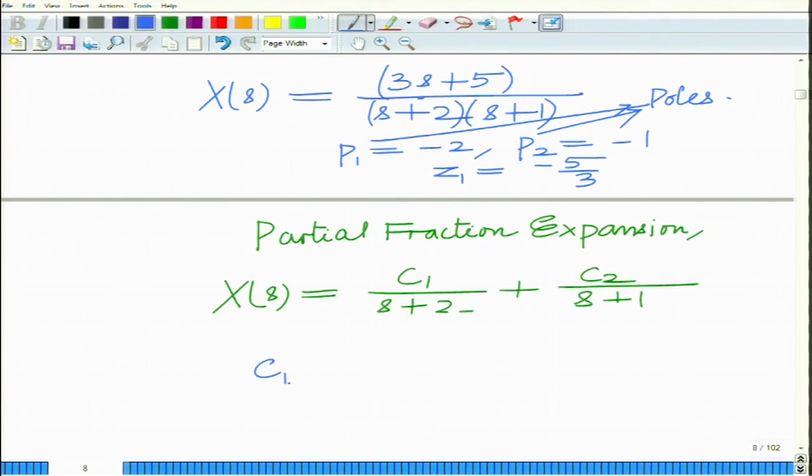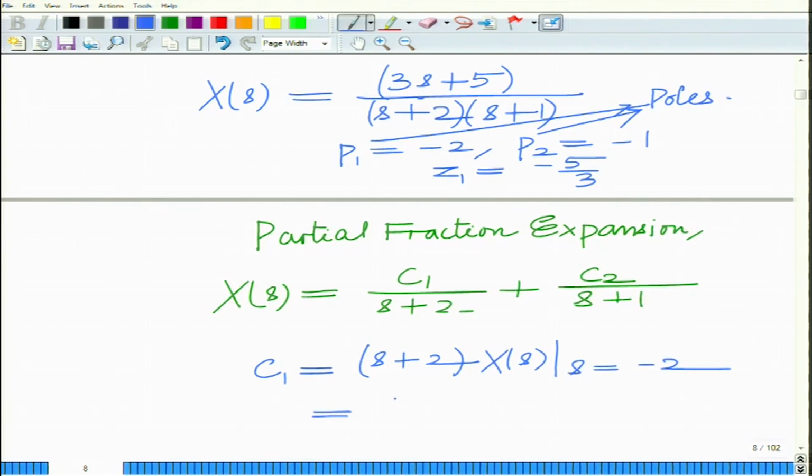Now, the way to evaluate C1, we already know, is s minus P1 times X(s) evaluated at s equal to P1, that is, s plus 2 into X(s) evaluated at s equal to minus 2.